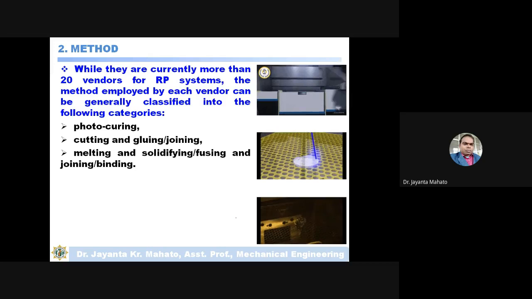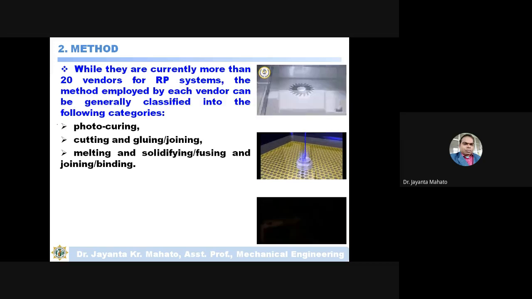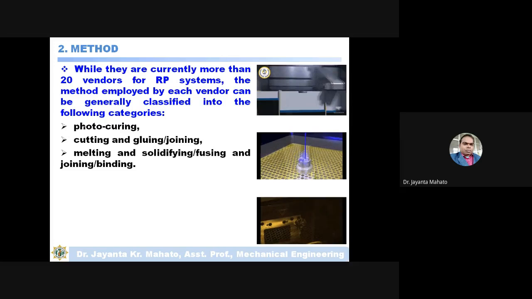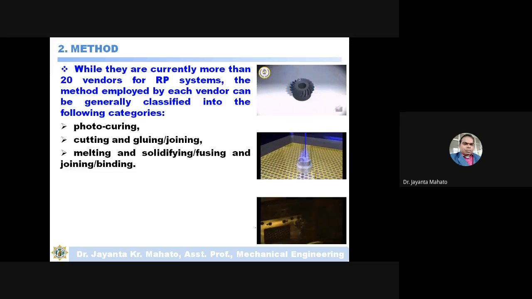These are different methods, actually the manufacturing processes. It means what process you require, either cutting or joining or gluing or finishing, or binding.